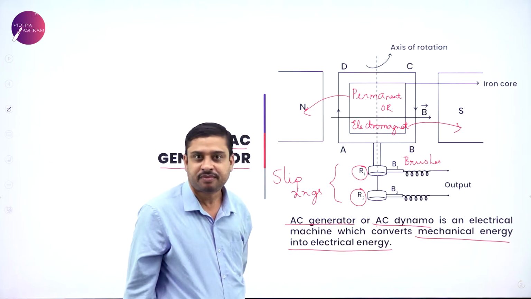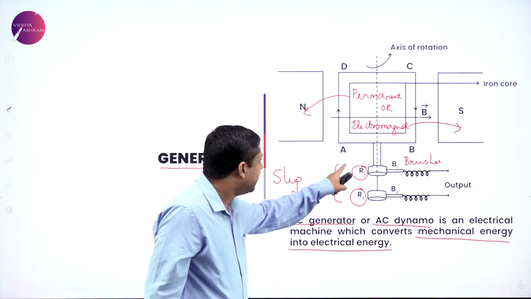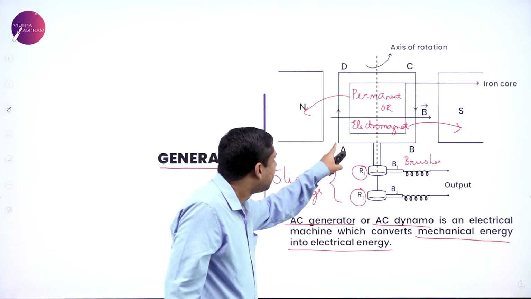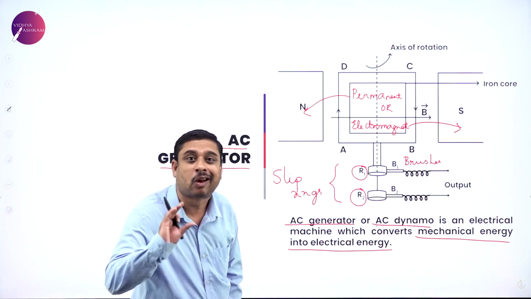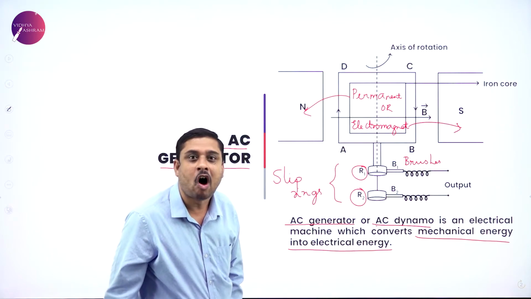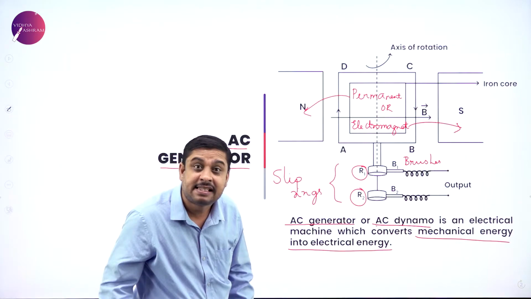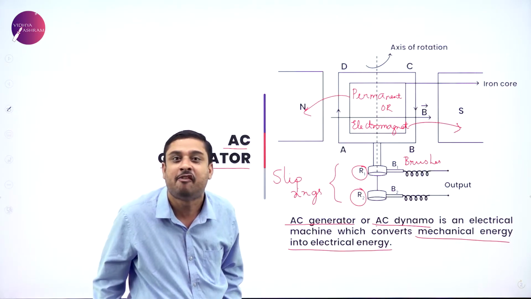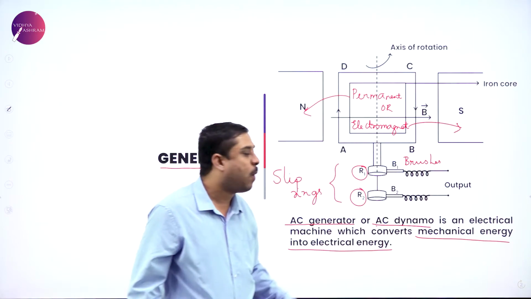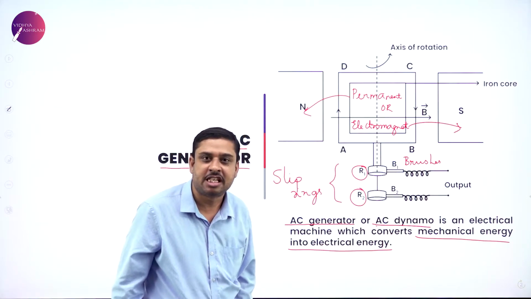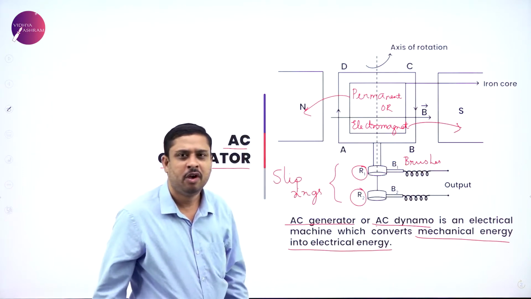R1 and R2 are the two slip rings. These are the rings connected to the armature about which it rotates, causing the existence of torque, basically responsible for induced EMF. B1 and B2 are the brushes. They are connected to the output.